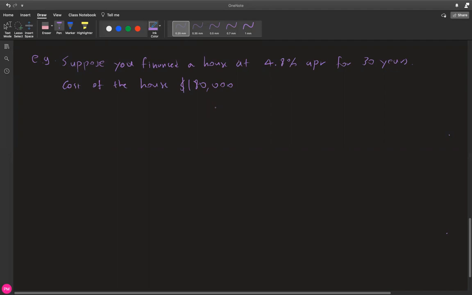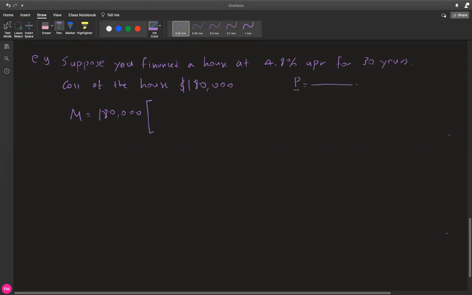So let's first find out your monthly payments. Your monthly payment, using the formula, M equals $180,000 multiplied by, before we do anything, we know that the APR is 4.8%.